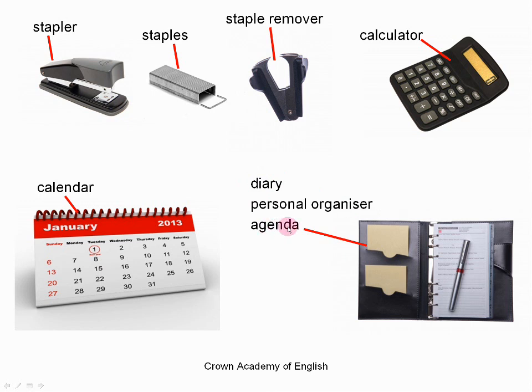Agenda is less common. We don't often call it an agenda. We usually call it a diary or a personal organizer. And here on top of the diary, here is a pen. So we use a pen for writing inside the diary.